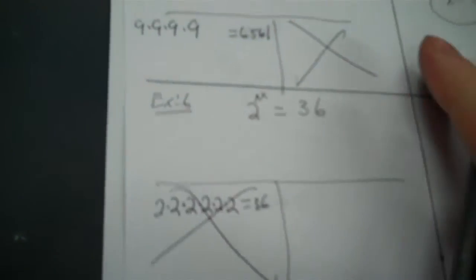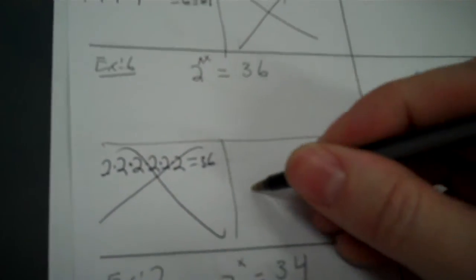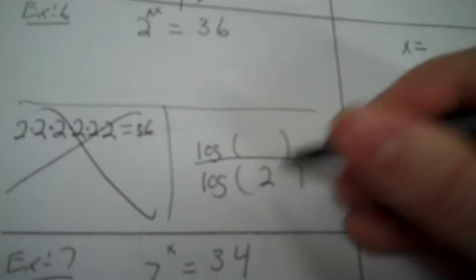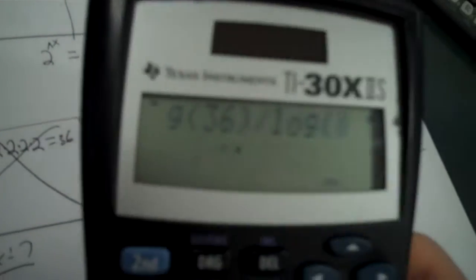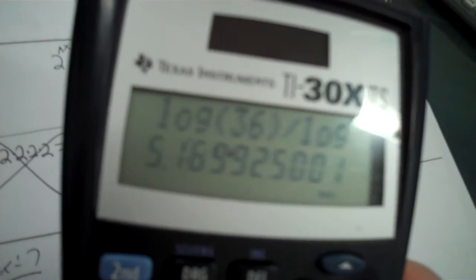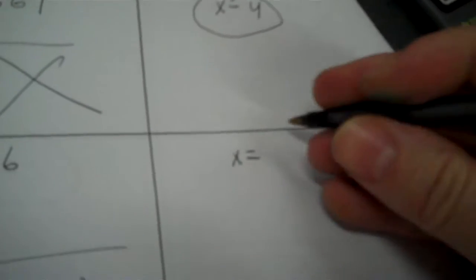That way does not work, okay? So it's a decimal. So I use my change of base formula. So I put a 2 on the bottom, 36 on the top. So log 36 divided by log 2, 5.17. Okay.